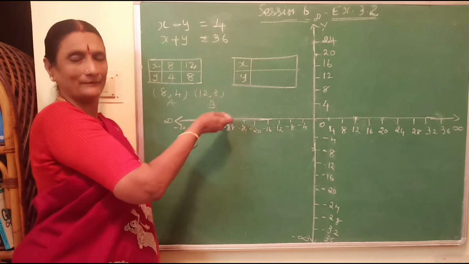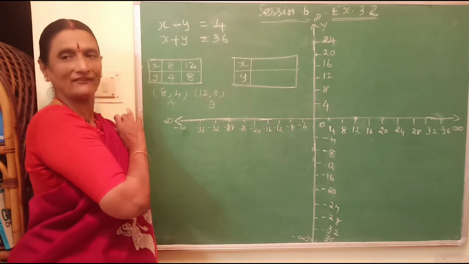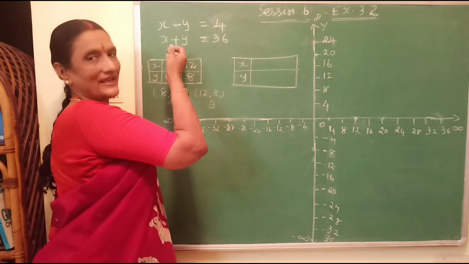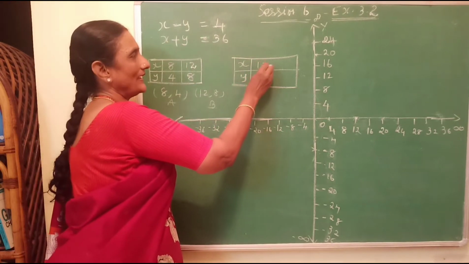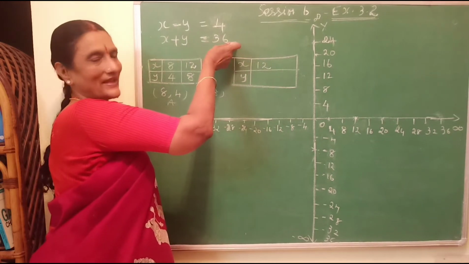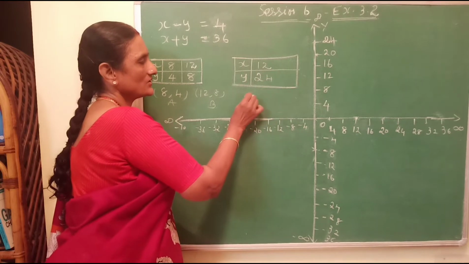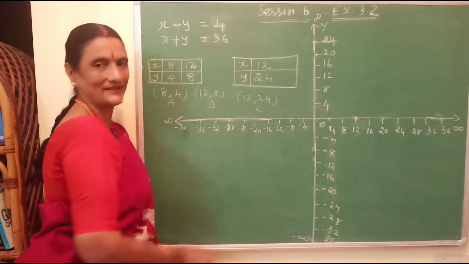So many problems will come, higher values. So what I can do, I will choose again multiples of 4 only. So if we take the x value, I take 12 here. So if x is 12, y is equal to, 12 goes to the other side, 36 minus 12 gives you 24. So 12 and 24 is the value for C.